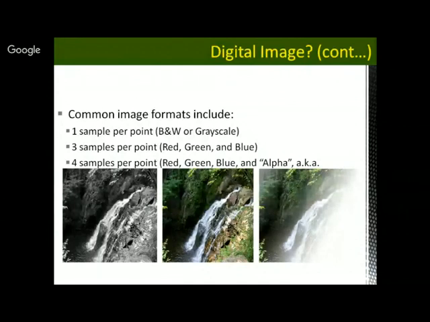Now the third one says there are 4 samples per point. There is one more piece which probably tells you about the environment in which the imaging is taken. In this case, as you see, there are 4 parameters. The fourth parameter is alpha. It is an indication of how the space between the scene and the sensor is behaving. You can assume it as a kind of transparency.